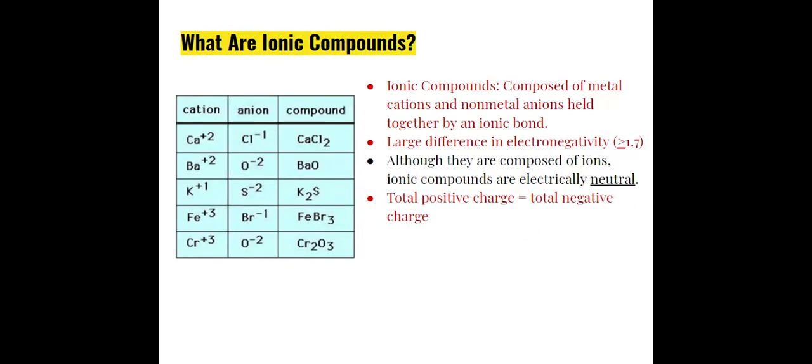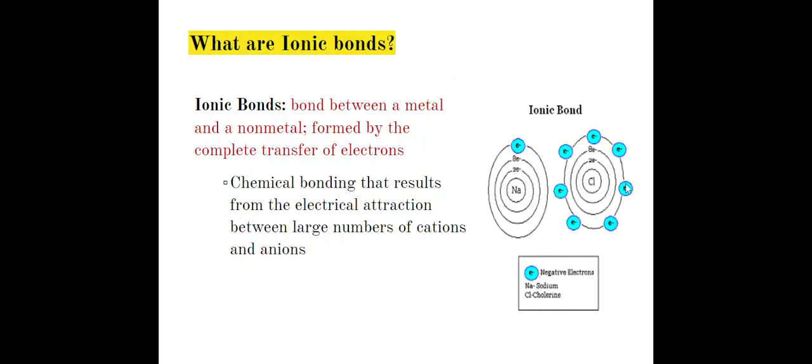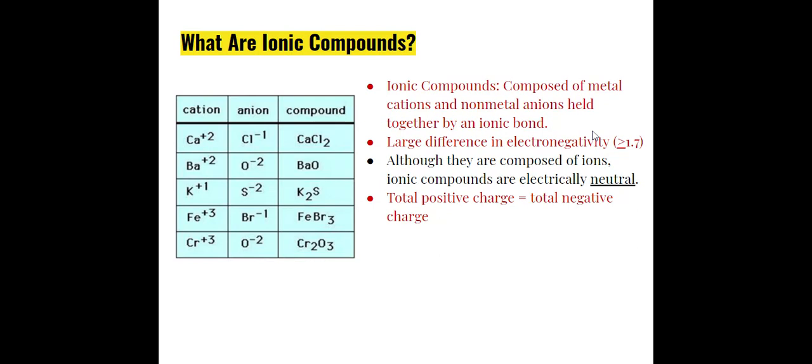So what are ionic compounds? They're composed of metal cations and nonmetal anions held together by an ionic bond. They usually have a large difference in electronegativity, which is just electrical attraction, as stated earlier. Okay?